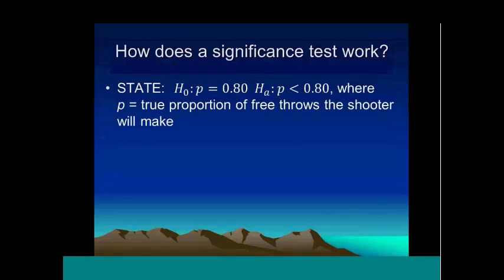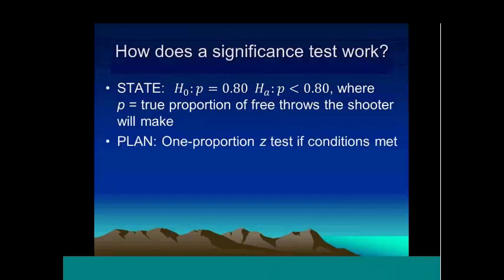So if we were going to do a test, we would state our hypotheses. There they are again. And we've identified our parameter value again. So just like with confidence intervals, we start out by stating what kind of inference we're going to do. And then we tell what kind of procedure we're going to use if the conditions are met. So this would be a one proportion z test based on the standard normal distribution.